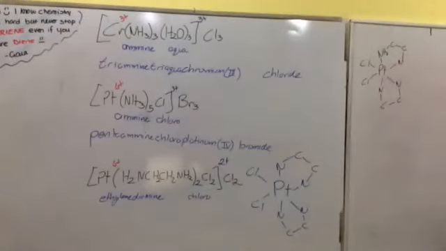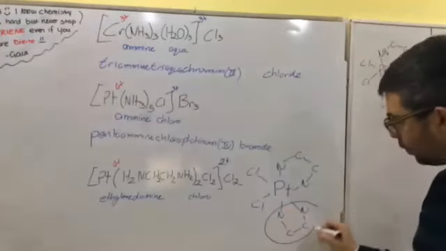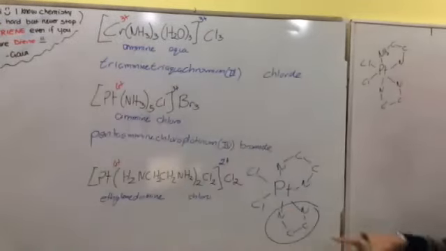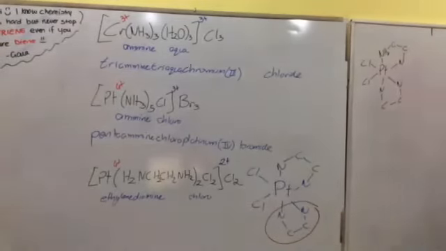Ija. So, this is what we understand by a bidentate ligand. The same molecule, that's one molecule, it has two interactions with the central ion.